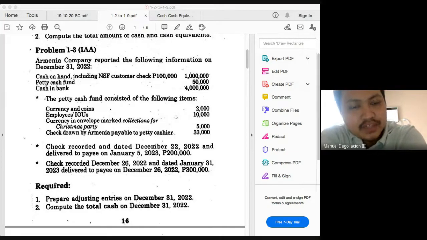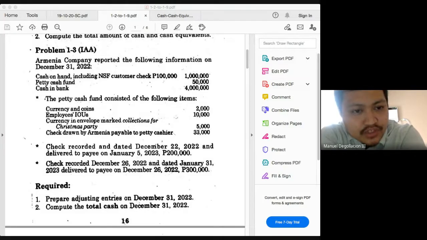Okay, next, petty cash fund, 50,000. But we know that the petty cash fund will form part of our cash, being a cash fund that is set aside for current use. But we will have to check the petty cash fund if indeed the balance there remains at 50,000. Cash in bank, obviously part of our total cash.